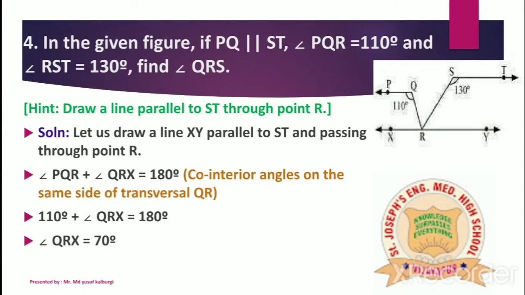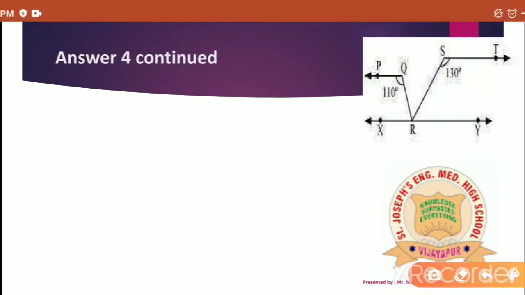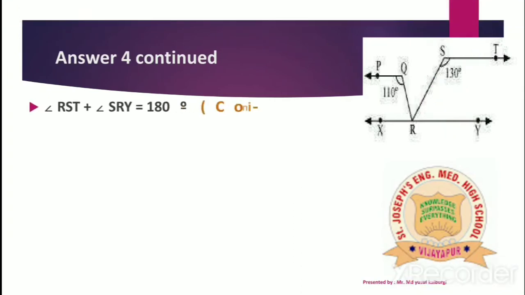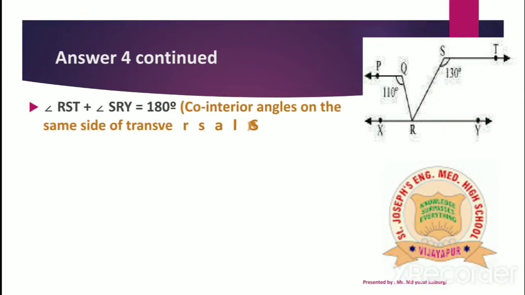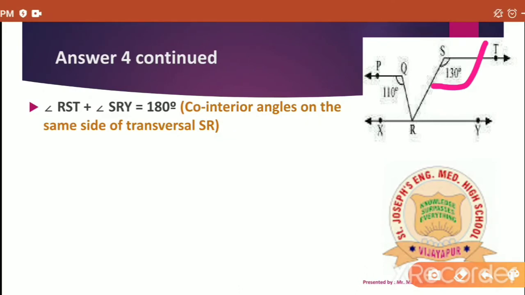Similarly, can we take this side also? Here also we can see co-interior angles. On the right side, these two angles form co-interior angles. So we write RST plus SRY equals 180 degrees. One angle we have is 130 degrees.